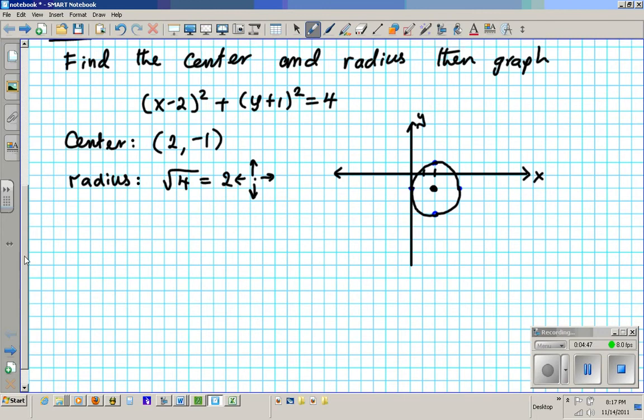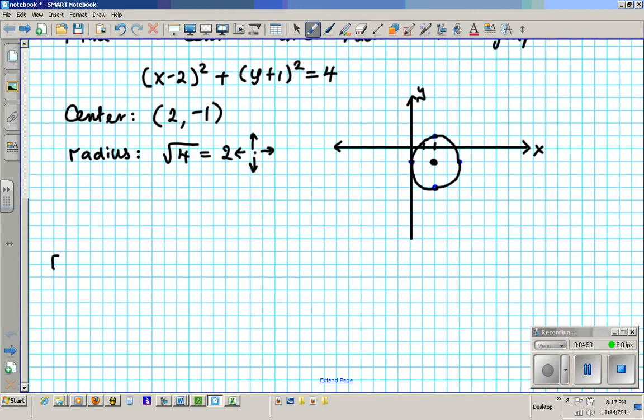Alright, let's try example 2. Example number 2. So for this one, we need to find the center and radius. Like before, find the center and radius, and then graph.